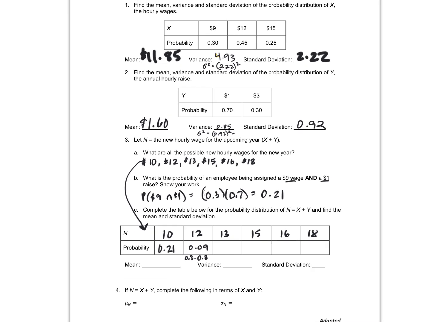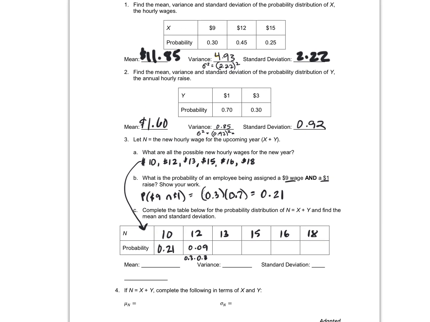Okay, and then how do I get 13? Well, my original was 0.45, the $12, times 0.7.